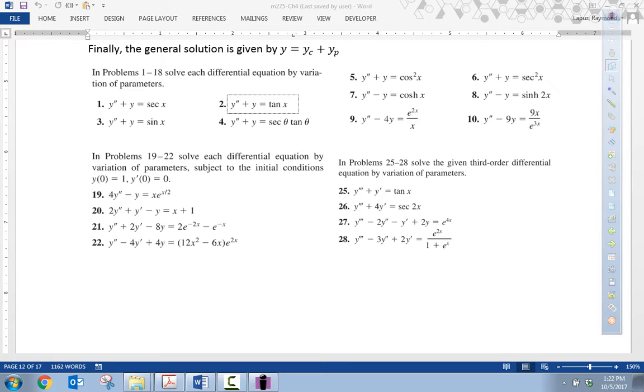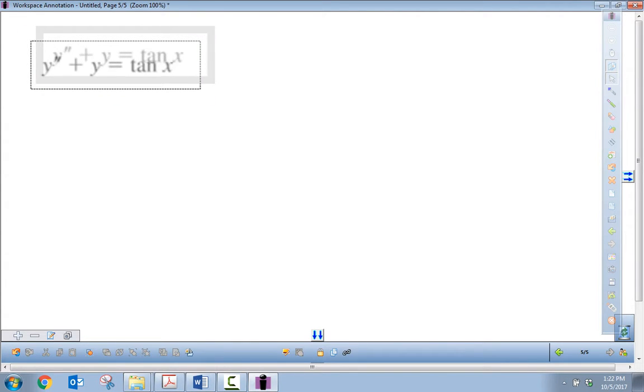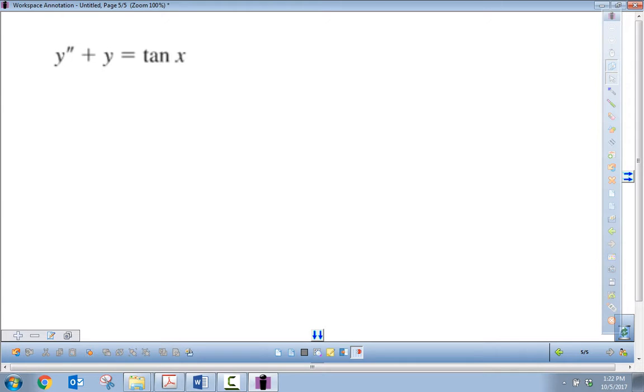Let's try the tangent one and see what happens. This is number 2 from the exercises in the book. This is going to take a whole page here.